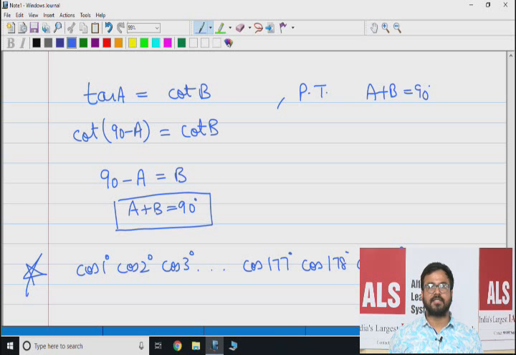What is the value for this expression? Cos 1 degree into cos 2 degree up to cos 179 degree. That's a very easy question.